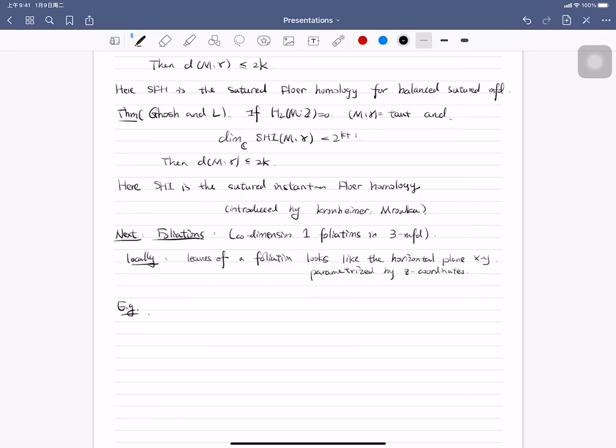A more intuitive example is the codimension 1 foliation of a band, which is a surface.